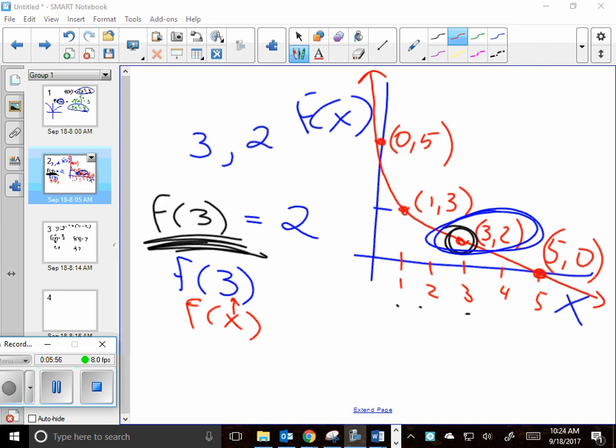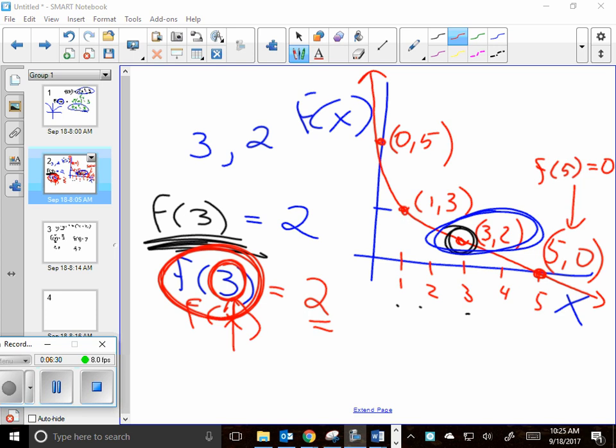But the answer to that over here, let's say it's 2, then this part is where you get x, and this whole thing is f of x, which is like y, and it's saying y is 2 and x is 3. Okay, so if I take this point right here, do you get that 5 comma 0 means f of 5 is 0, and that's the x part, and that's the y part?